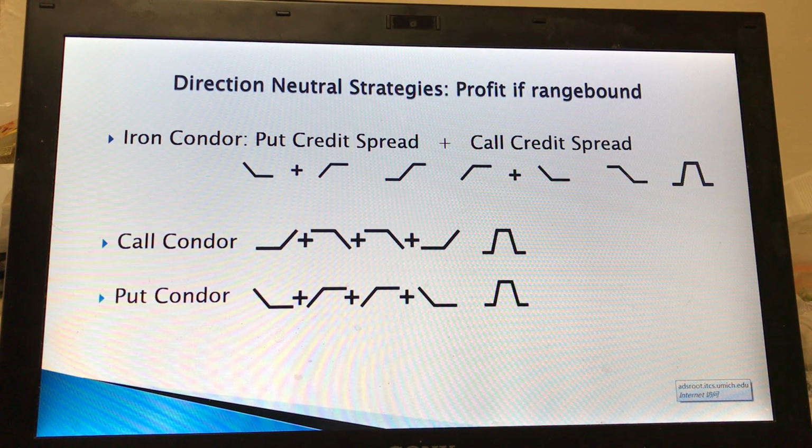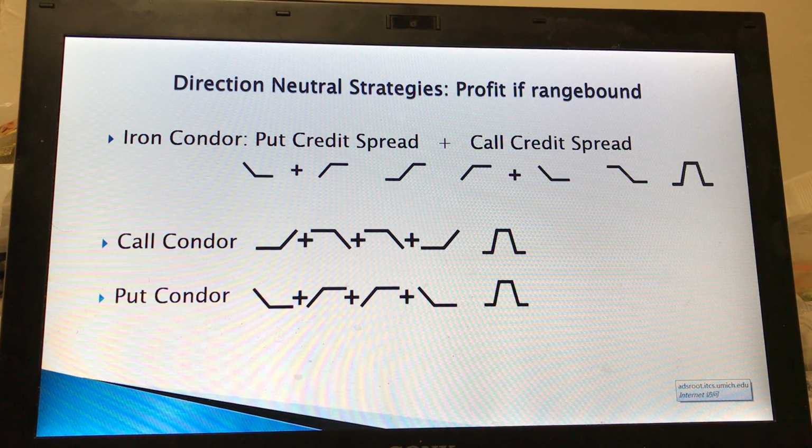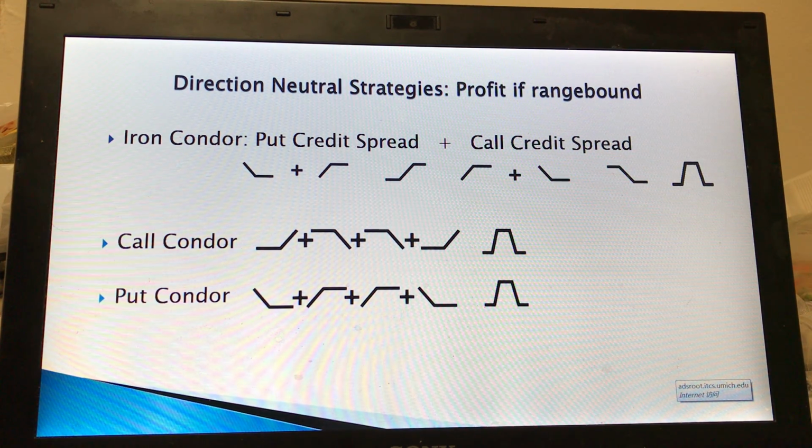So if you want high profitability in the event of an earnings volatility crash, while also controlling your loss to a very small level, your best way is to do an iron condor through the earnings call.